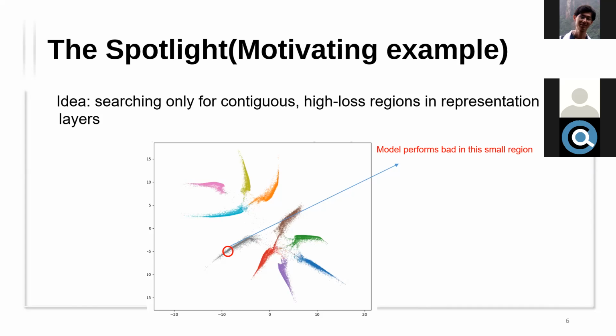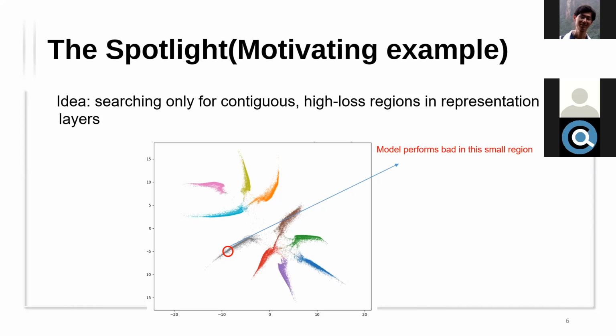But here on the image, each point represents a sample from the training data set. So you just take the final representation vector from the model, and here we do some dimension reduction technique to project the high dimensional representation embeddings to 2D.